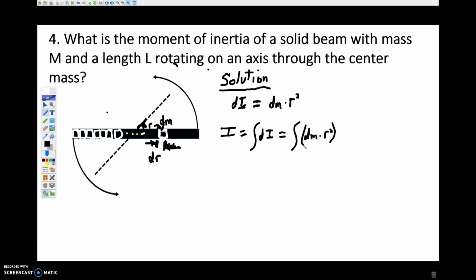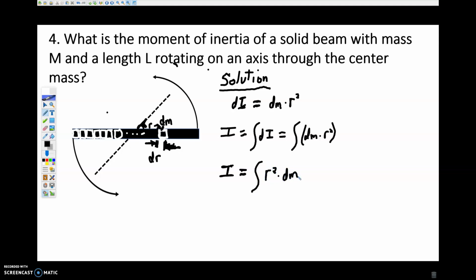But usually it's written r squared times dm, and the parentheses are understood: you start with the integral sign and you end with the dm. So the formula for the moment of inertia when you have a continuous mass is the integral of r squared dm.